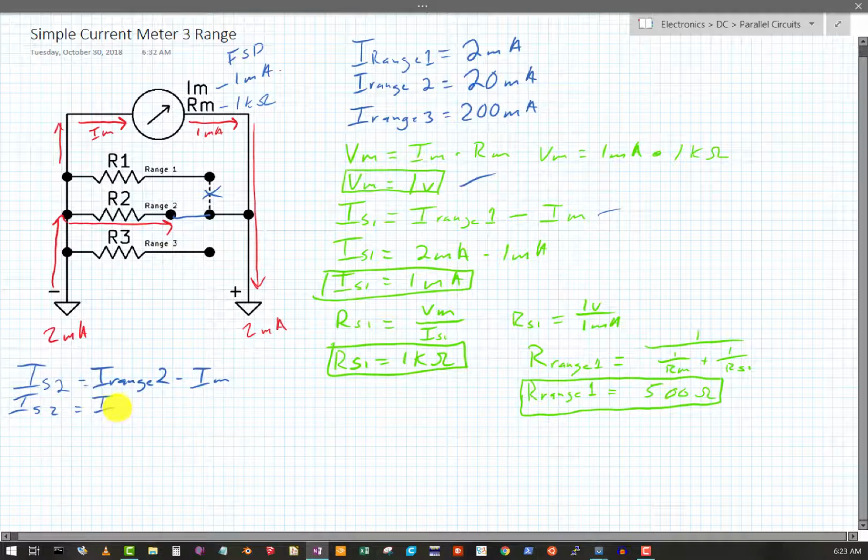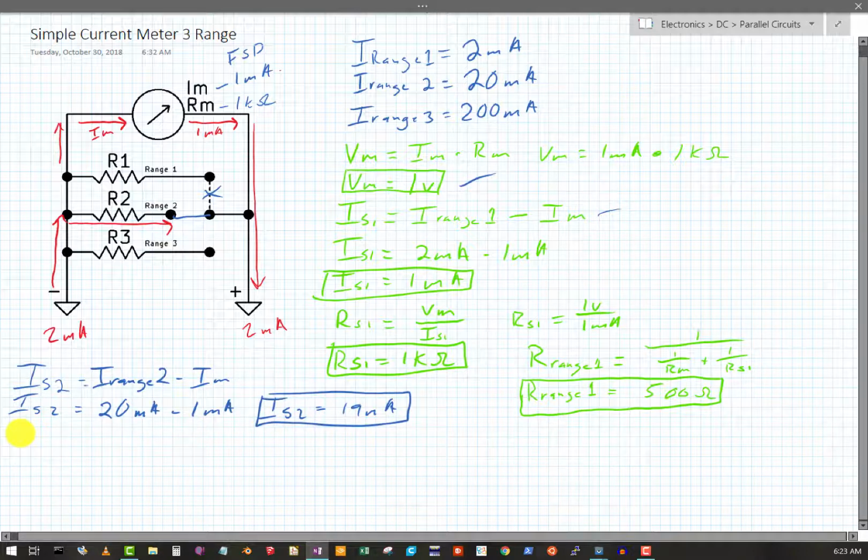Let's just rewrite the same thing again. 20 milliamps minus 1 milliamp. Okay, IS2 equals 19 milliamps.